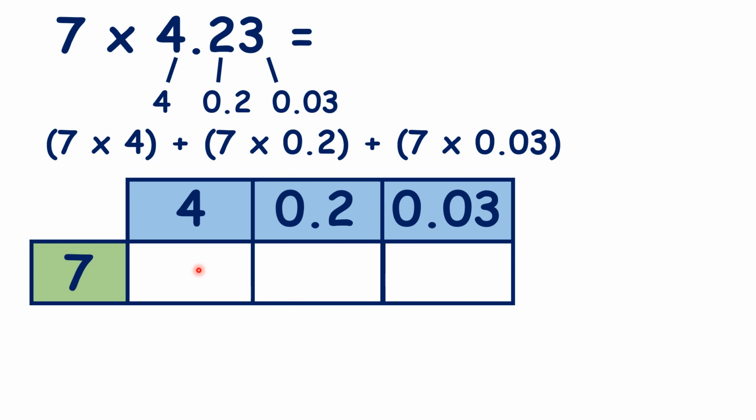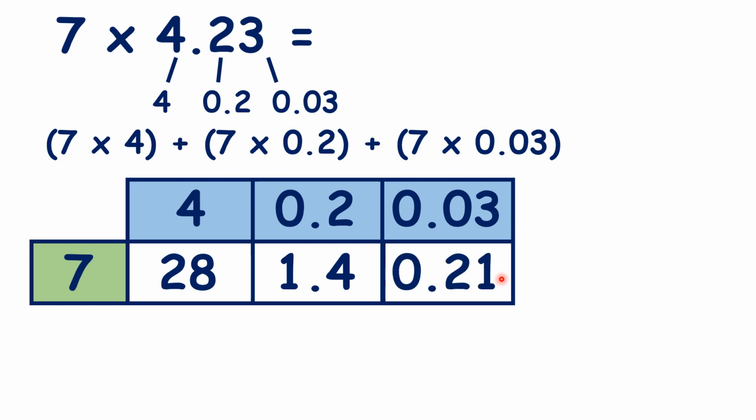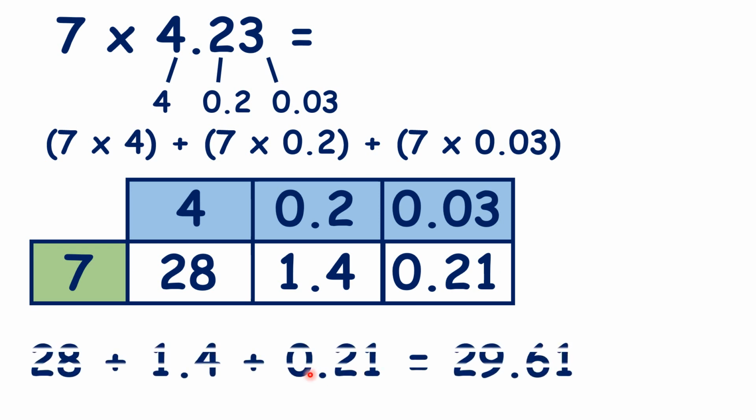Now 7 times 4 is 28, 7 times 0.2 is 1.4, and 7 times 0.03 is 0.21. So we add up the numbers on our grid, and again we might need to use column addition to do that, and that gives us our answer.